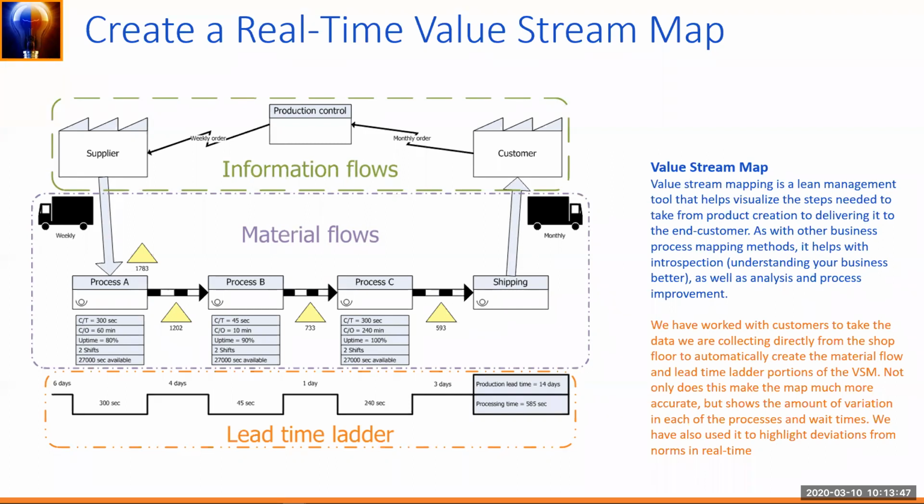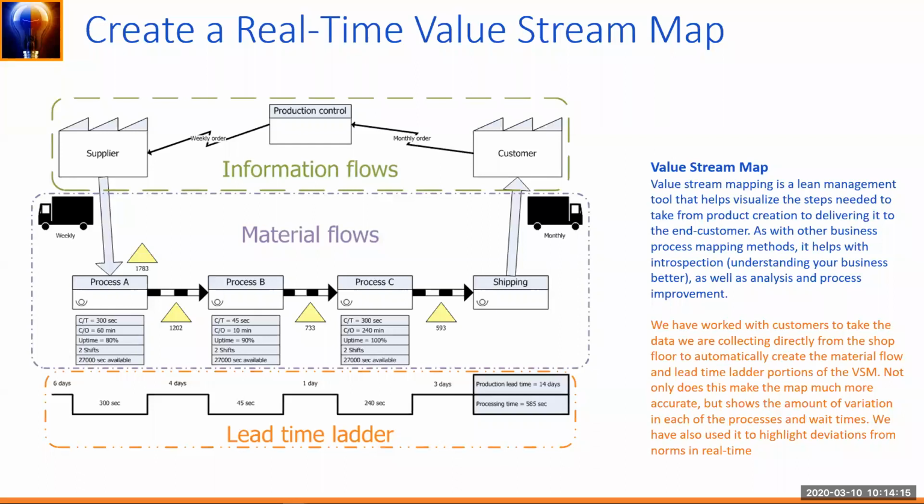If we're connecting into the process itself, collecting information about how long the process is taking on a part-by-part basis, and also tracking the work order number as it flows through the system, we really have most of the information that we need in terms of the material flow through the system. And so we can automatically create these value stream maps, or at least automatically keep them updated.